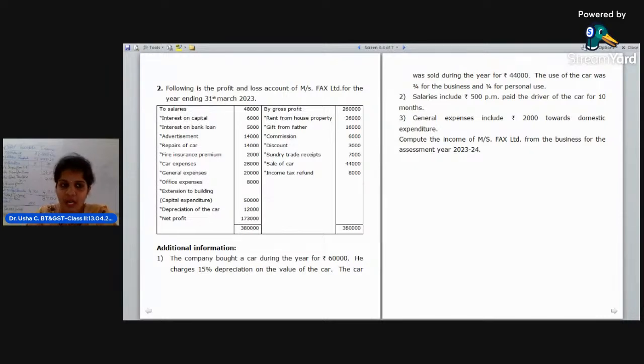For the purpose of accounting, the car expenditure is allowed only when the car is in the name of the business. Though the car is in the name of the business, any amount of capital expenditure incurred will not be taken into consideration. Not allowed. Okay.